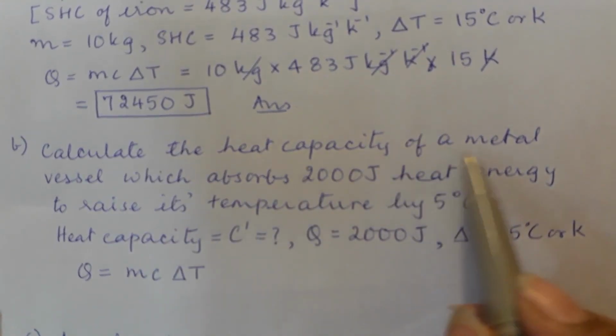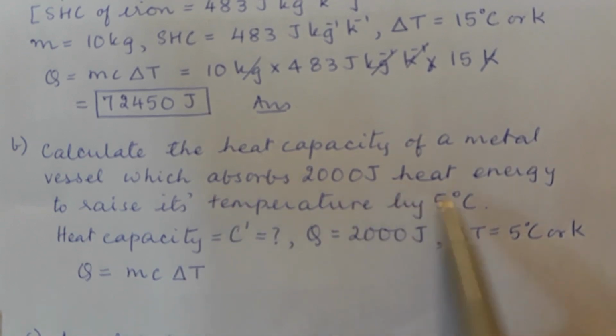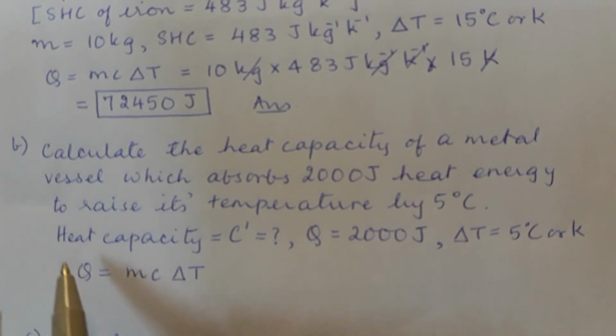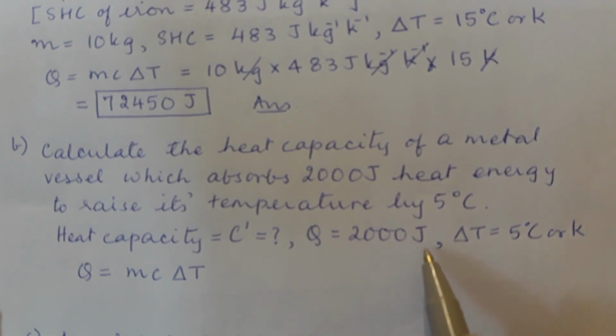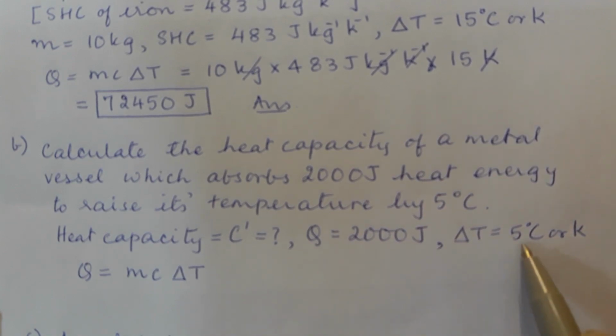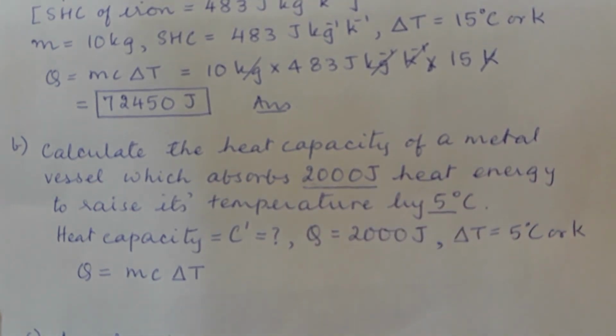Calculate the heat capacity of a vessel which absorbs 2000 joules of heat energy to raise its temperature by 5 degrees C. Now heat capacity is C dash equal to question mark, Q is equal to 2000 joules, and delta T is equal to 5 degrees C or Kelvin. As you can see, this data and this data has been supplied.